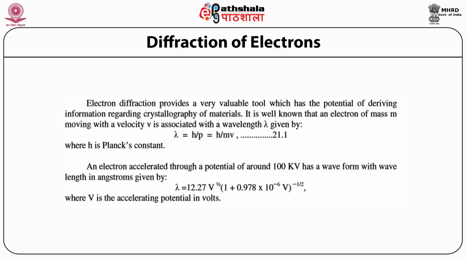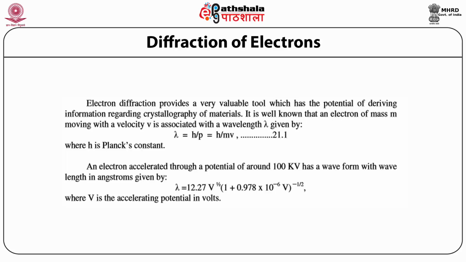It is well known that an electron of mass m moving with a velocity v is associated with a wavelength lambda given by lambda equal to h by p equal to h by the product of mass and velocity, that is m and v, expressed as equation 21.1, where h is Planck's constant.